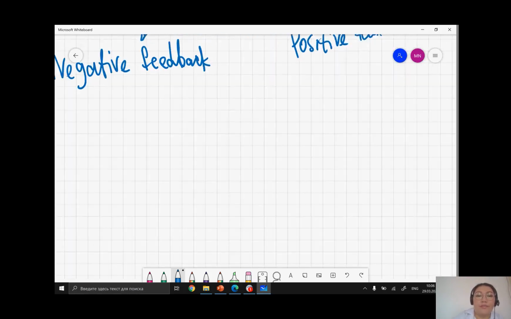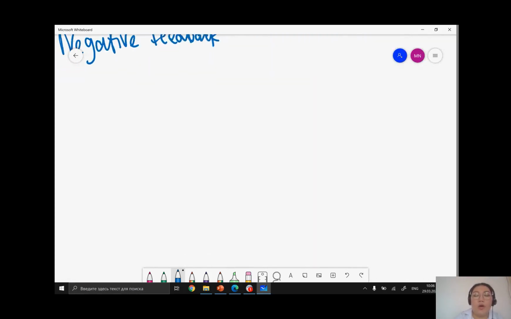Let's consider them. If we talk about changes in our body, for example temperature, you need to maintain a certain temperature. How can you detect this temperature? This is the first step. The first step of our feedback loop will be the stimulus.